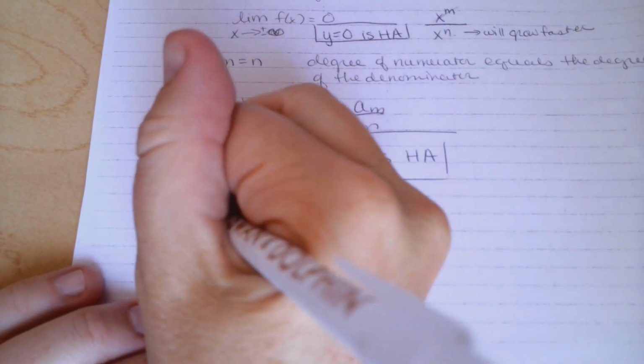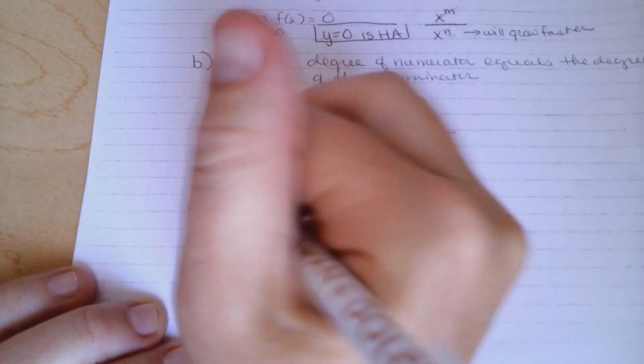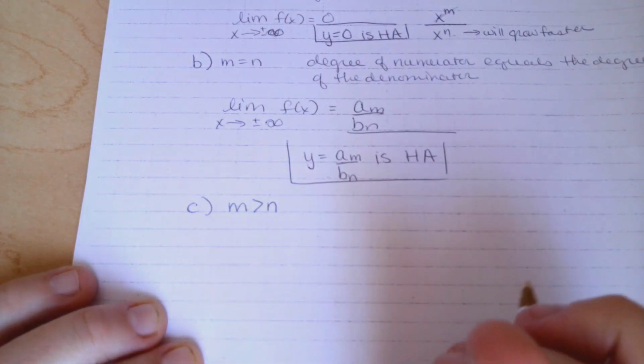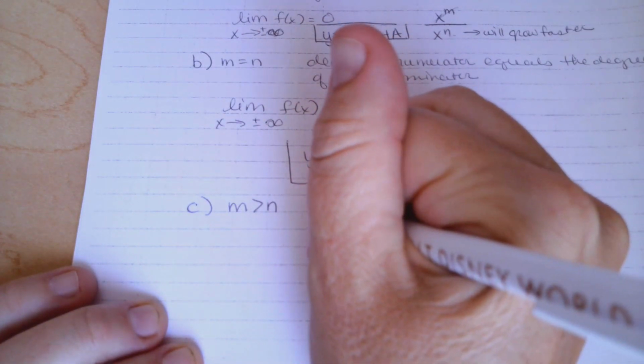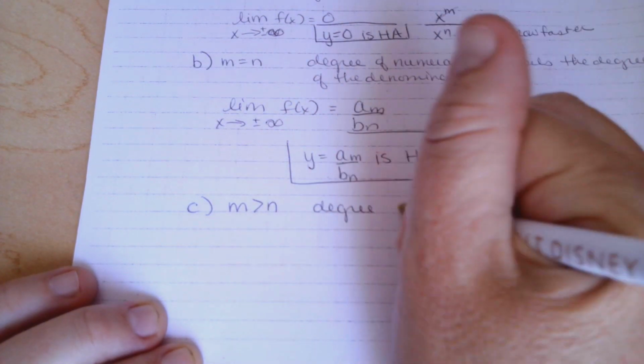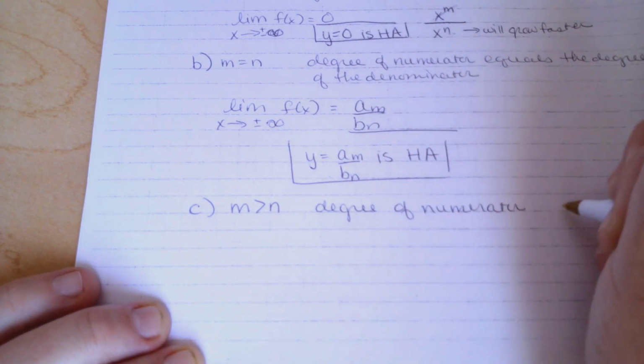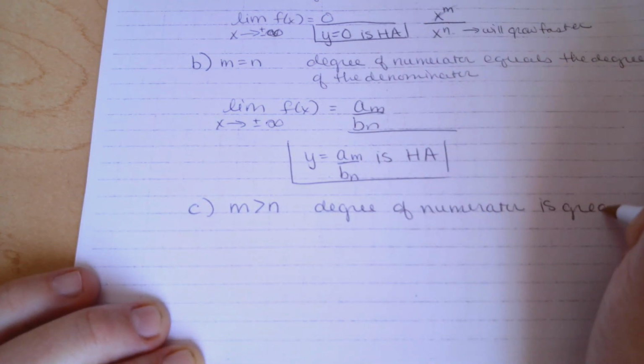Part C, we have the situation where m is greater than n. So degree of numerator is greater than the degree of the denominator.